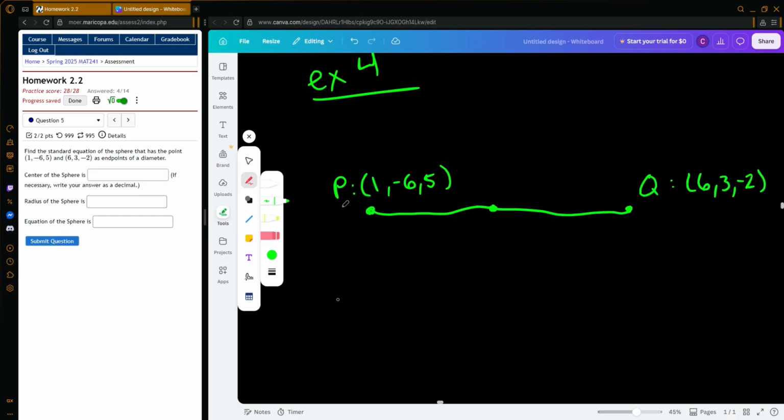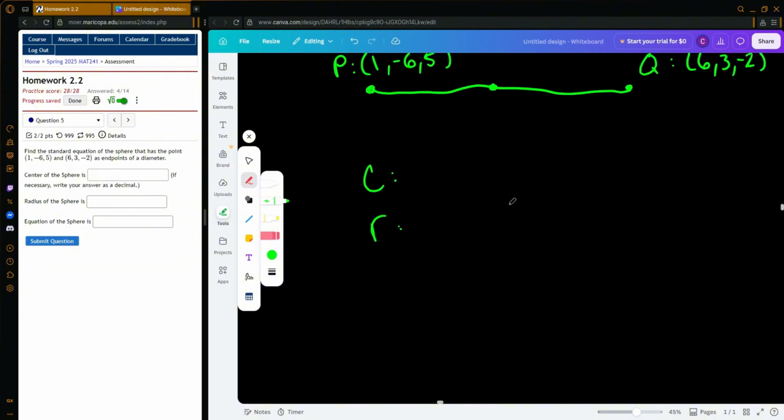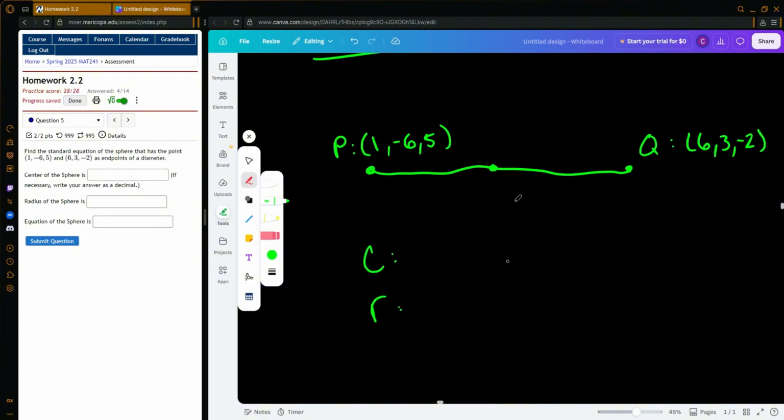Okay, so if we want the equation of the sphere, we want to know the center and the radius. To get the center, we could use the midpoint formula. If you want to find the point in the middle of a line, say this is 10 and this is 20, it's always this number plus this number divided by 2. You can see 10 plus 20 is 30. If you cut that in half, you get 15.